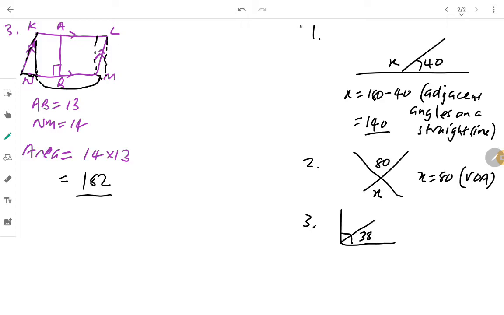Then the question is, calculate the value of x if that is 38 degrees. So the value of x is 90 minus 38, which is 52 degrees. And what is our reason? We are saying that they are complementary angles, adjacent complementary angles.